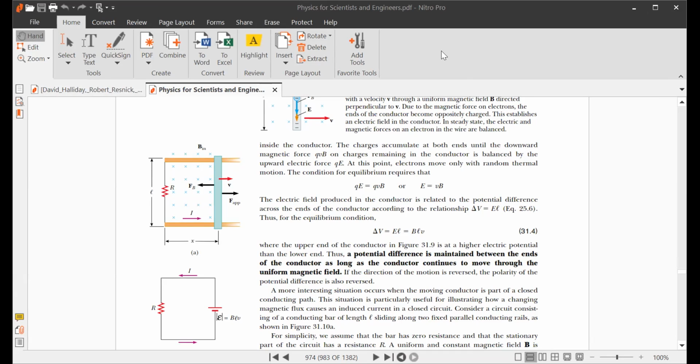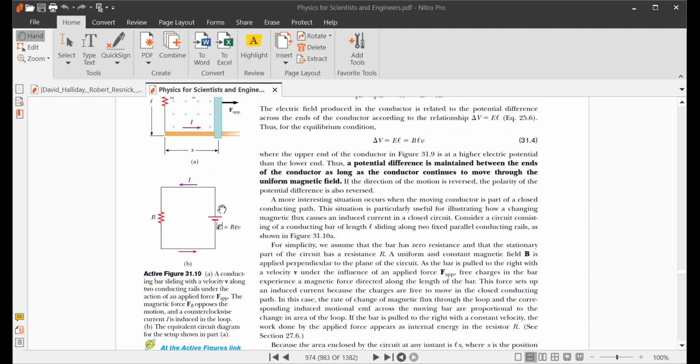I think the FB would be to the right. Okay, FB could be to the right. And what about the direction of this current? It counters the direction before. Okay, so the direction of this current should be clockwise.